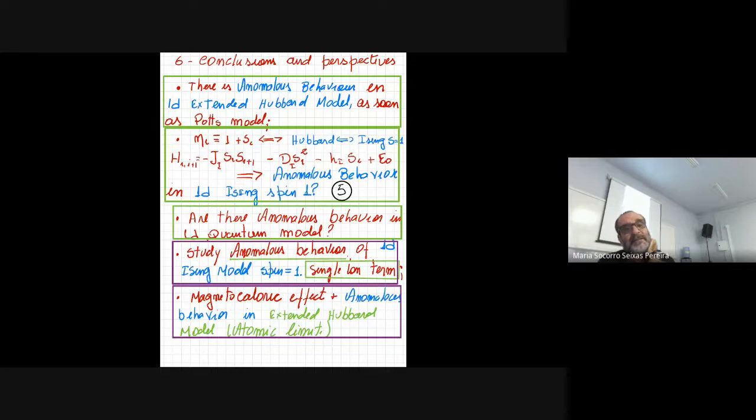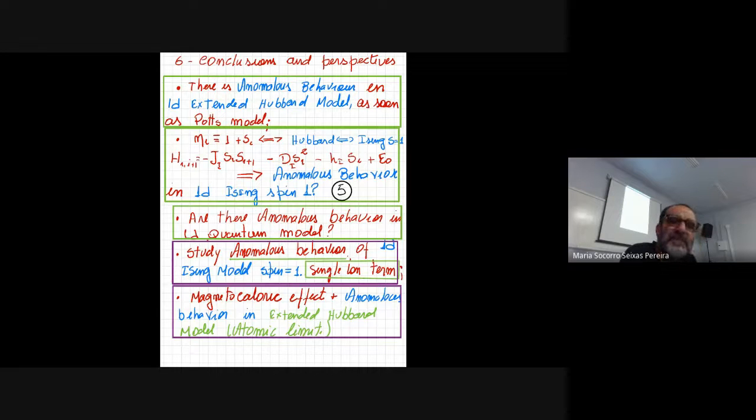But Mancini said in this article too that we have to pay attention to this map, because here you have the chemical potential involved.